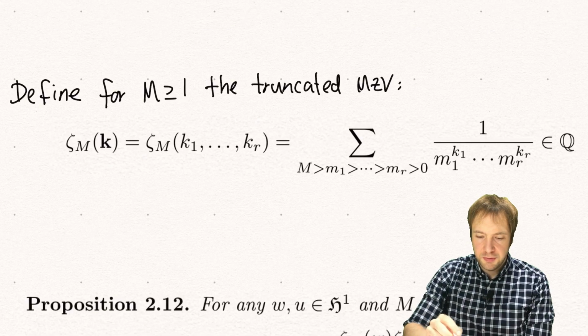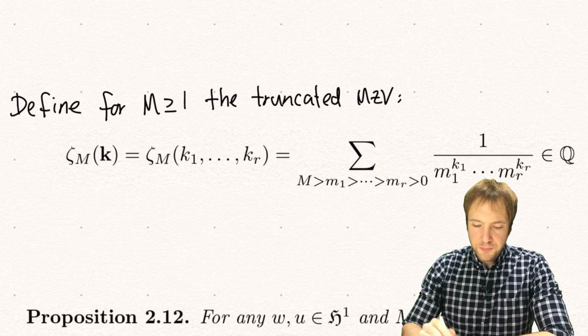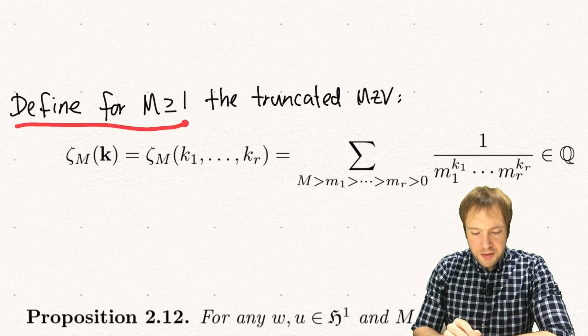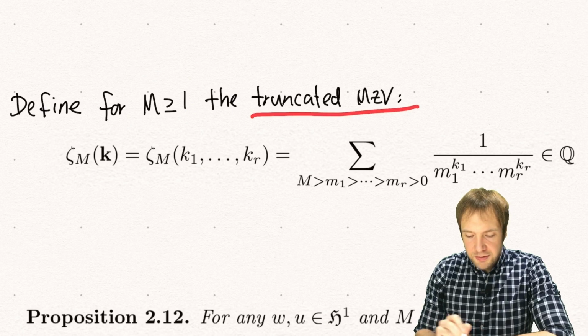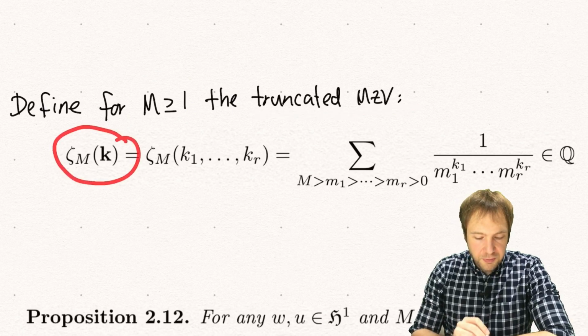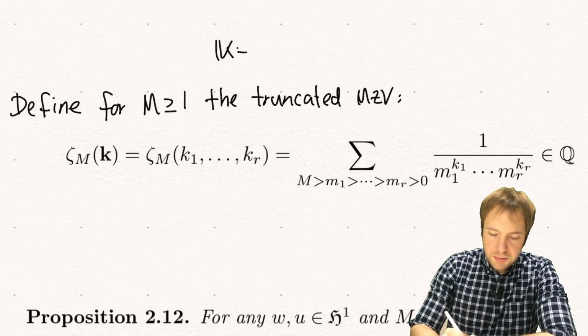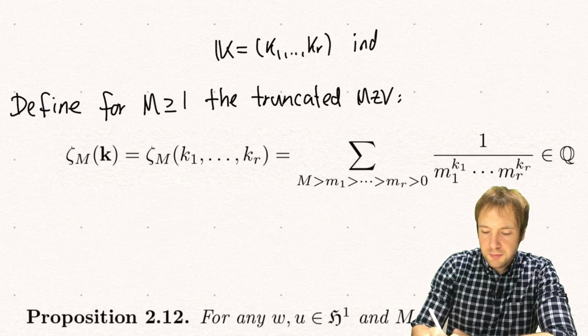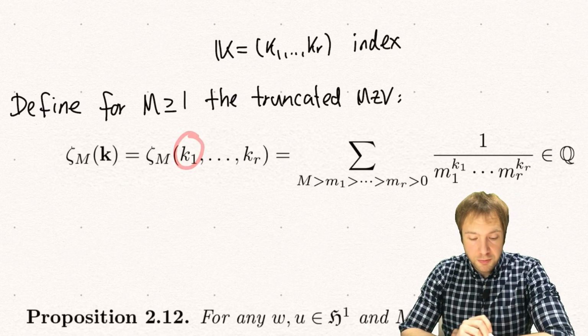So there are different ways to call this thing. For an integer M, I want to define these truncated multiple zeta values like this. So I will write zeta_M(k), where k is an arbitrary index, so k1 can also be 1.